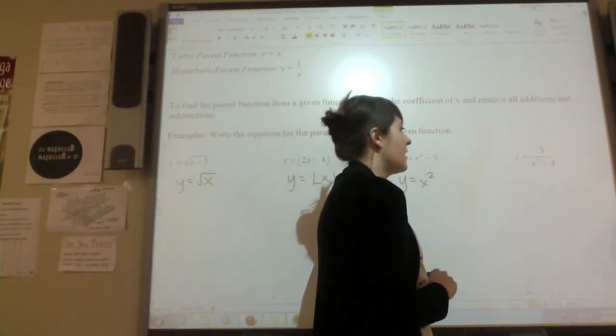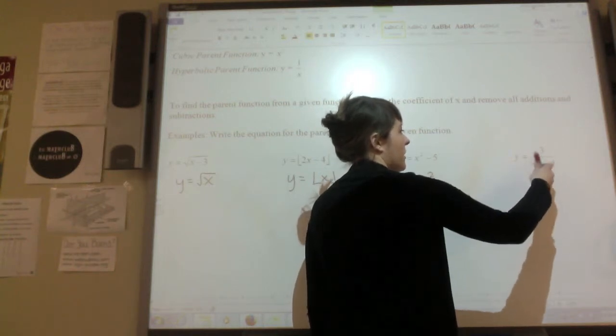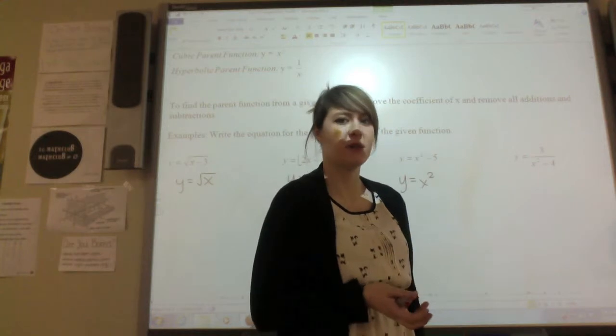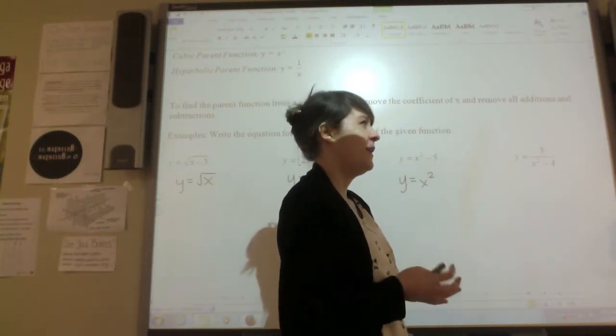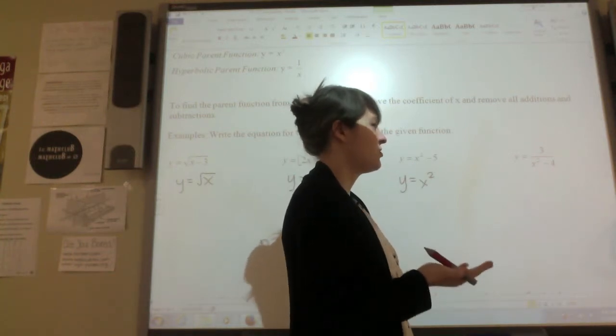And this one over here, I don't have a coefficient. I do have this minus 4, and then this 3 on top, which is in my numerator, but I don't want any numbers that aren't really necessary, so I'm just going to change that to a 1.